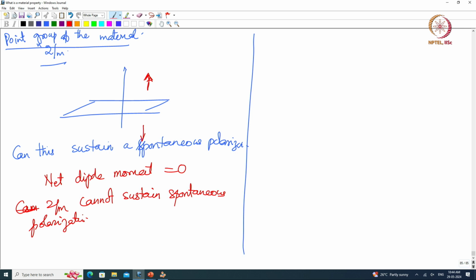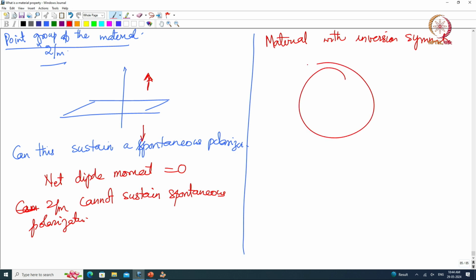Now, you can also go for any material with inversion symmetry. If I have an entity which has a spontaneous polarization, then I have to invert it about the center, so this goes behind the plane, this is above the plane.